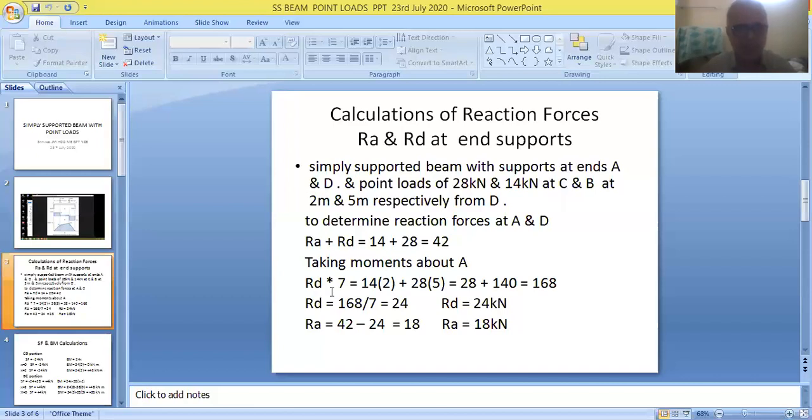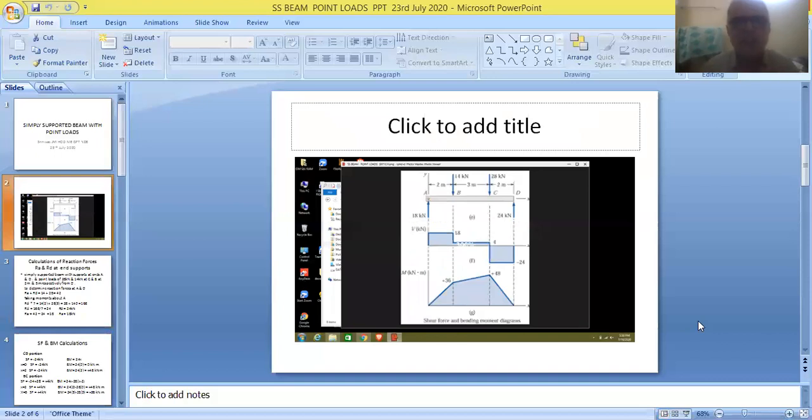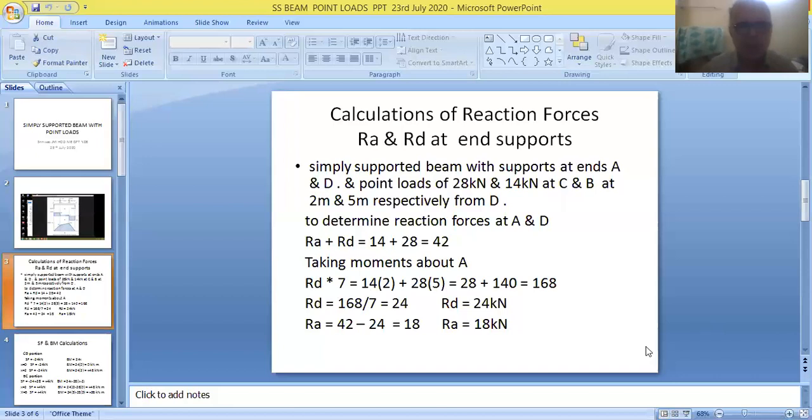It's written as RD into 7, force into perpendicular distance. And this is a load of 14 kilonewtons, acting at a distance of 2 meters from point A. So it's written as 14 into 2.